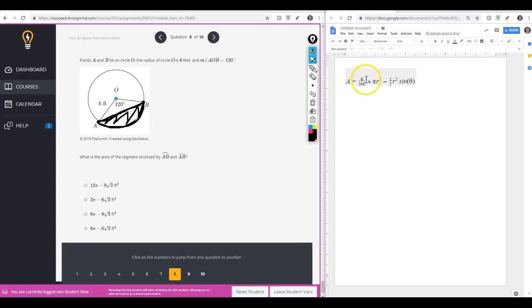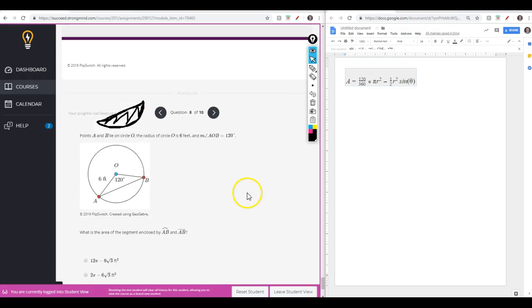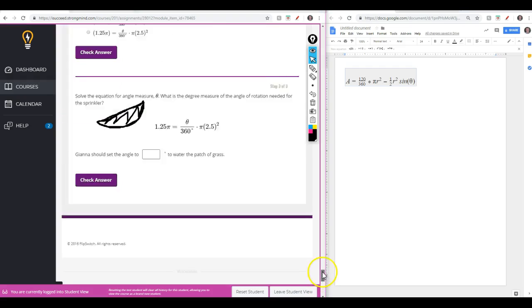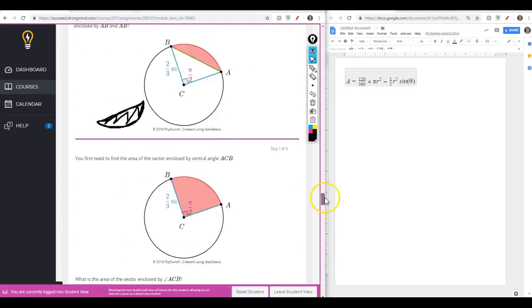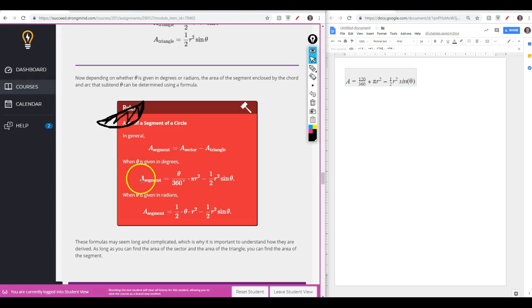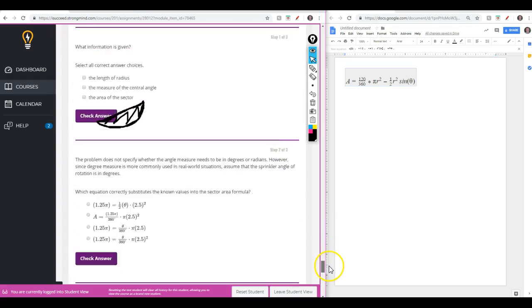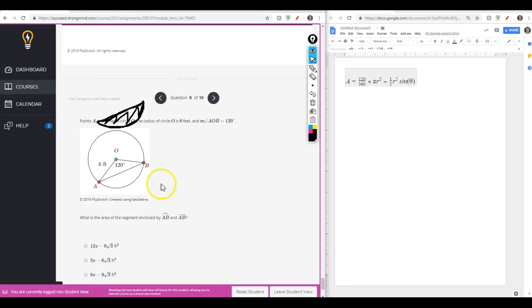So again, 120 degrees goes in for theta. Since we're in degrees, I kept this formula up from the previous question, and I found it from this red box right there. So theta is 120 degrees, so wherever we see theta, we're going to type in 120 degrees.